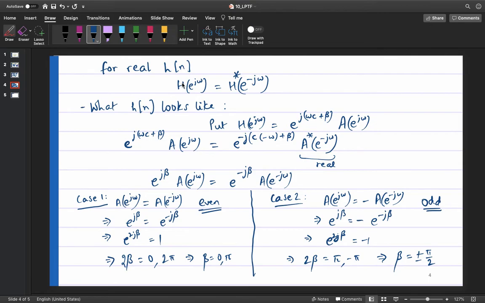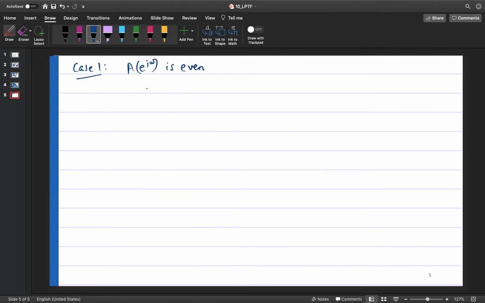How do we do that? Let's start with the basic definition. H(e^{jω}) is equal to the summation of h[n] e^{-jωn}, n goes from 0 to capital N. This is the basic definition of H(e^{jω}) for a finite impulse response function.